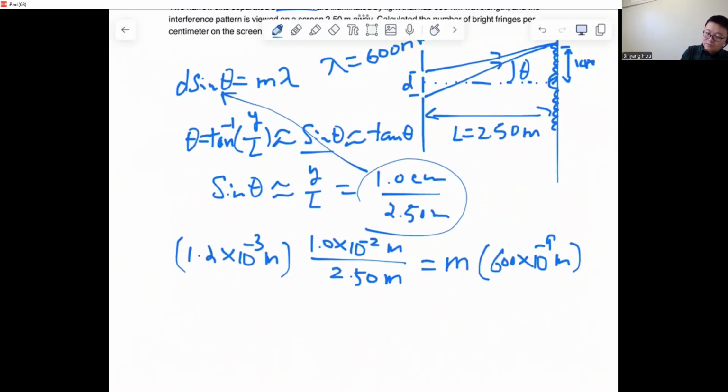This will give you m equal to about 8, okay, in this case.